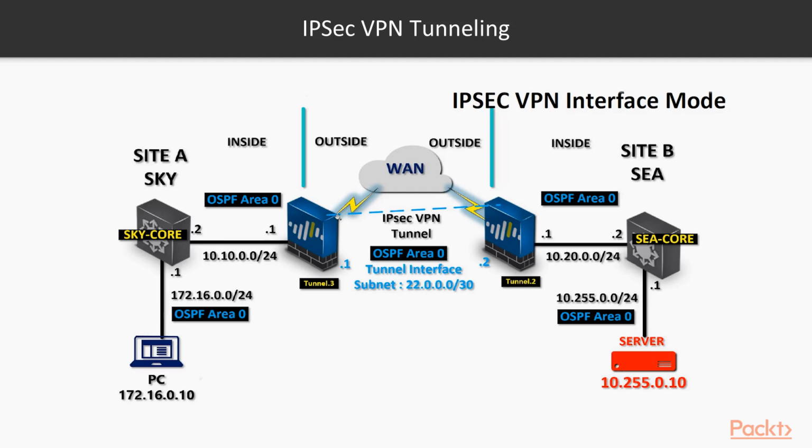So we need to allow the tunnel to send this traffic from the 172.16. If you remember on our previous video, we configured proxy IDs. In the proxy IDs, we advertised the source, which was 10.10, and 10.20 as the destination on the Sky firewall. And on the C firewall, we advertised it backwards, because now the source will be 10.20 and the destination will be 10.10.